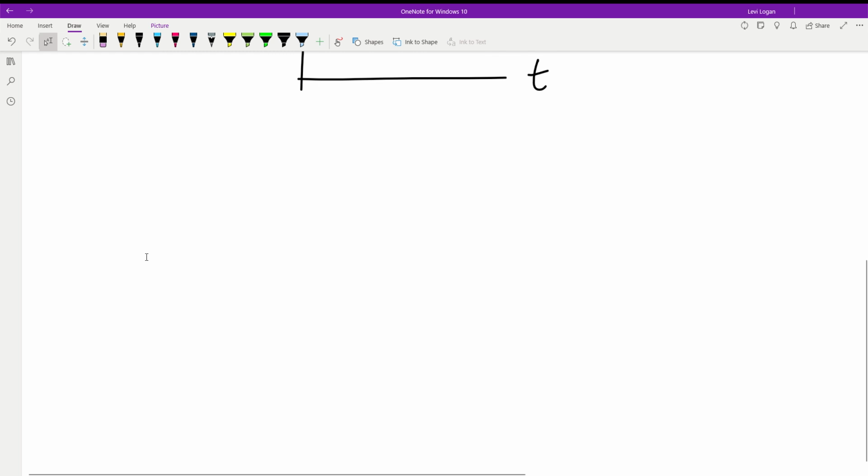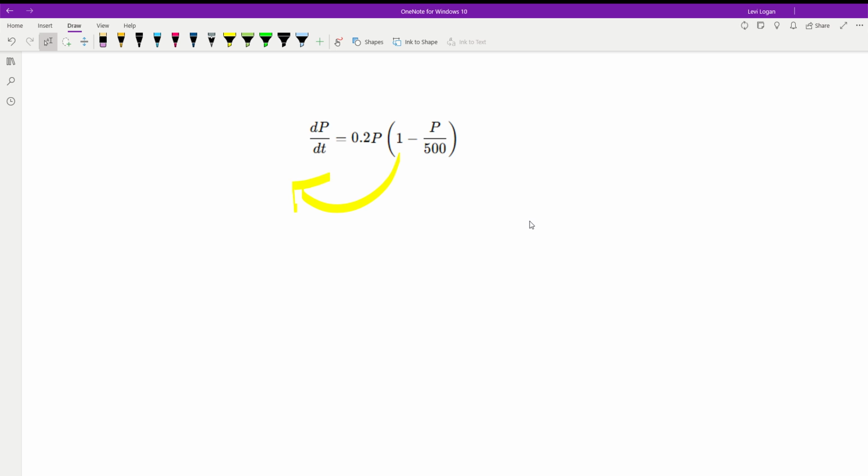So let's go down here. Now what we want to do is separate our variables. We can see here we have our independent variable t, but we don't have any t's here. So what we have to do is move everything to this side and move the dt, the differential, to that side.